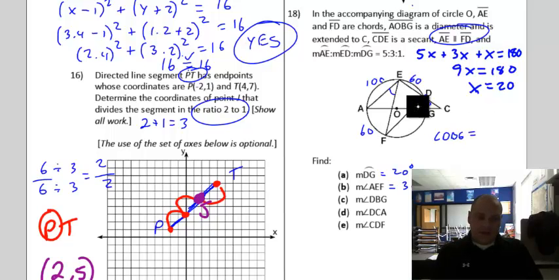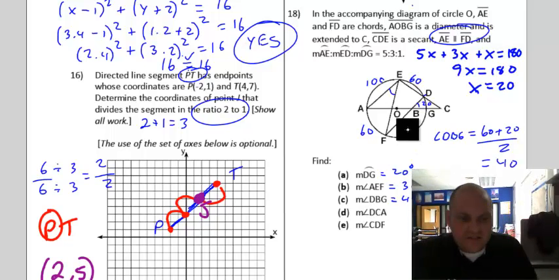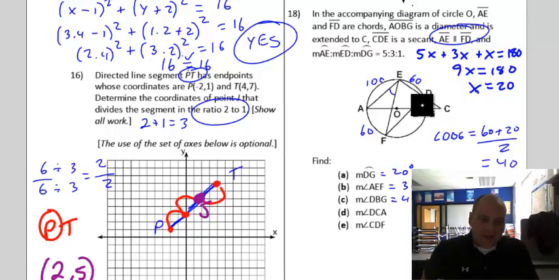So it's going to be, let's see, I have 60 and 20. 60 plus 20 divided by 2. 60 and 20 are my intercepted arcs for angle B, and that's going to be 40. 80 divided by 2 is 40. So this is 40 degrees. DCA, that's the outside angle.